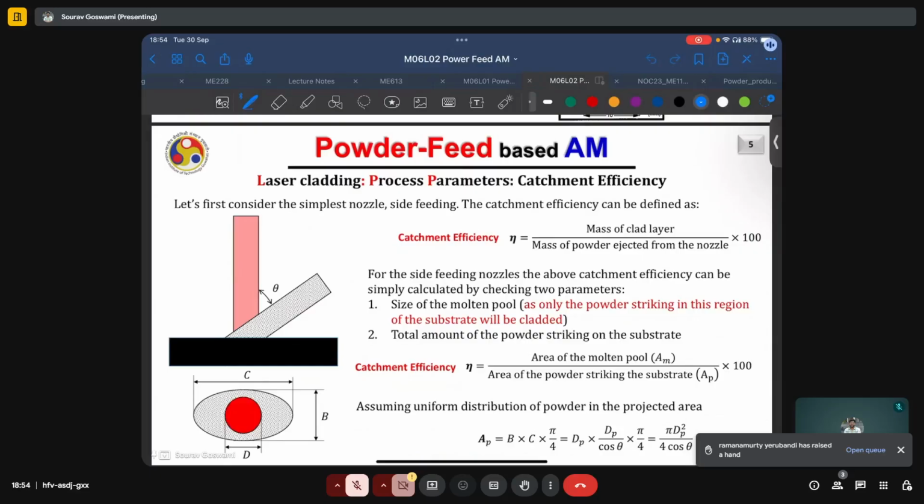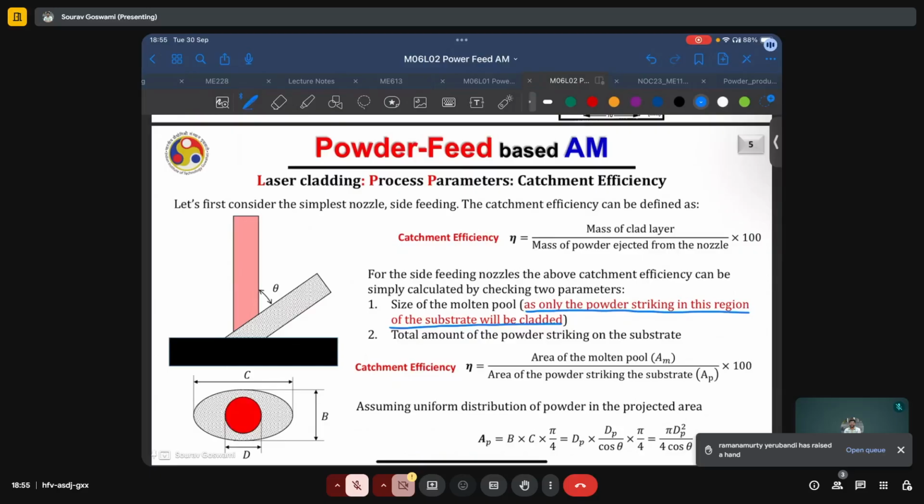For the side feeding nozzle, which was just depicted, the catchment efficiency can be simply calculated by checking two parameters: the size of the molten pool, as only the powder striking in this region will be cladded or melted, and the total amount of powder striking on the substrate. Thus, it can be simplified to the area of the molten pool divided by the area of the powder striking the substrate, times 100.